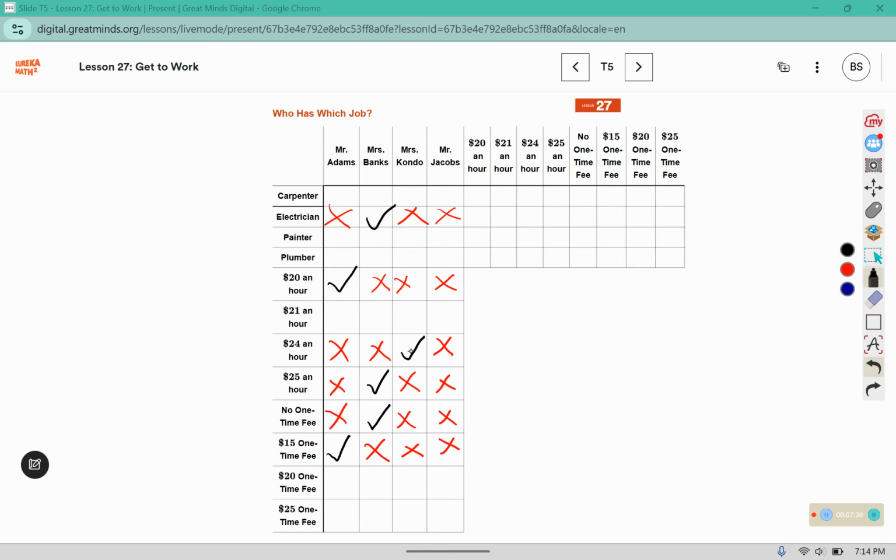Mrs. Kondo is $24 an hour, and Mr. Jacobs, Mr. Adams charges $20 an hour. So that would mean Mr. Jacobs has to be the $21 an hour, which is the carpenter. And he has a one-time fee of $25.